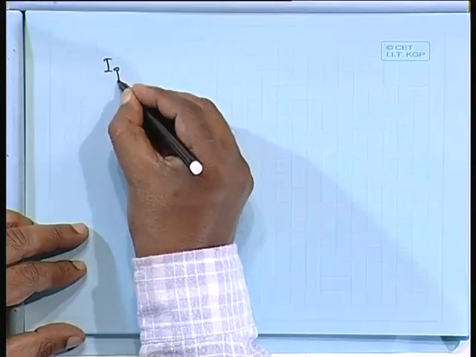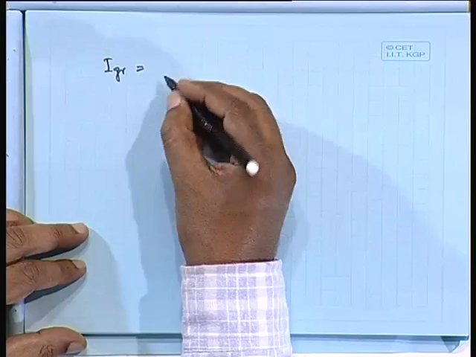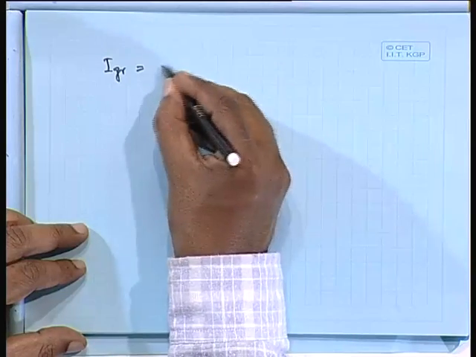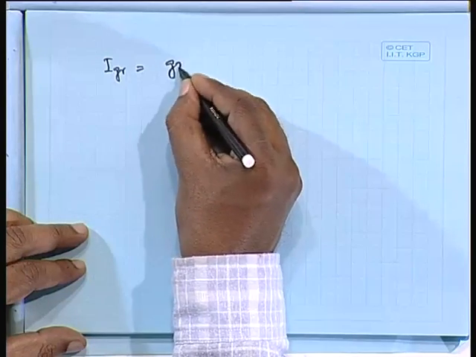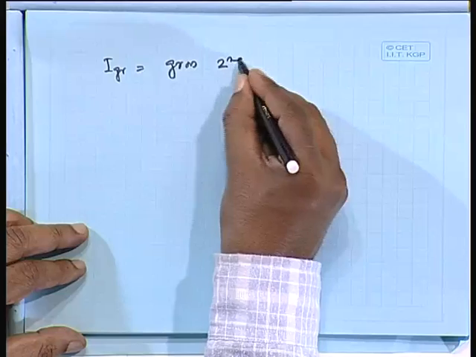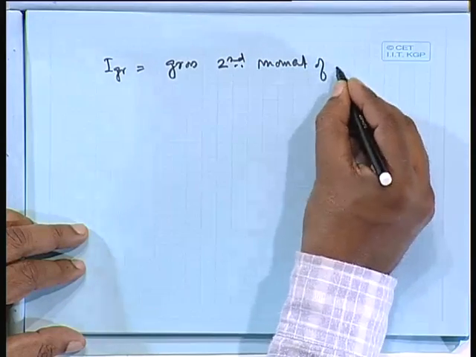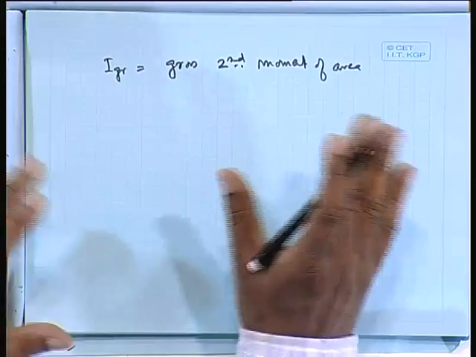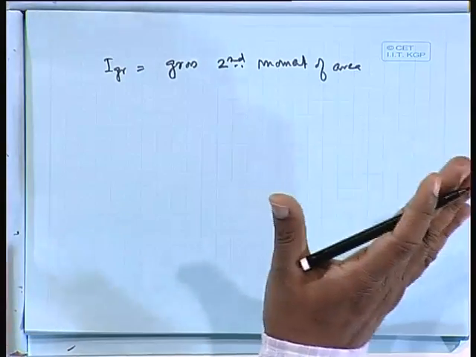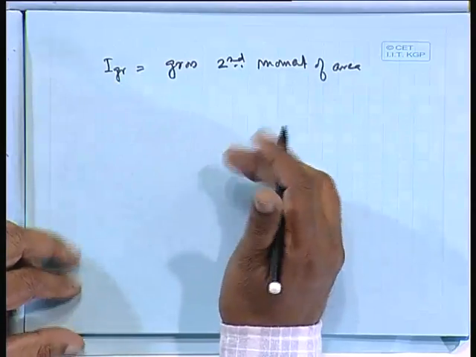IGR, that is gross second moment of area. That means the overall section, we are not taking any cracked section or anything, the overall section whatever we shall take, that is IGR.